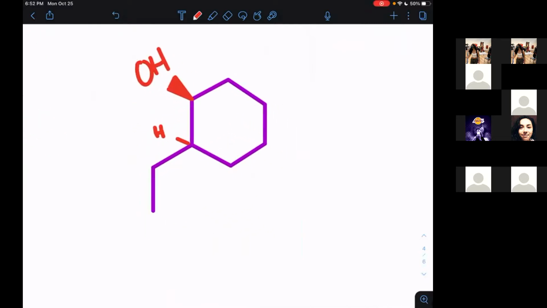Okay, so if we're showing it, should we show just the hydrogen as a dash? Yeah, that would be safe. And then this ethyl will be a wedge. Yeah, just that first part would be dashed.